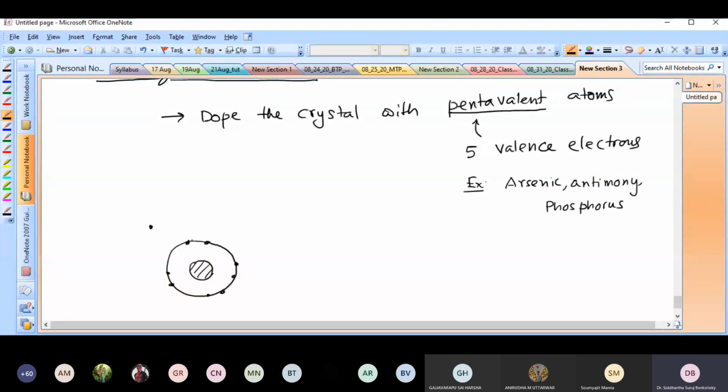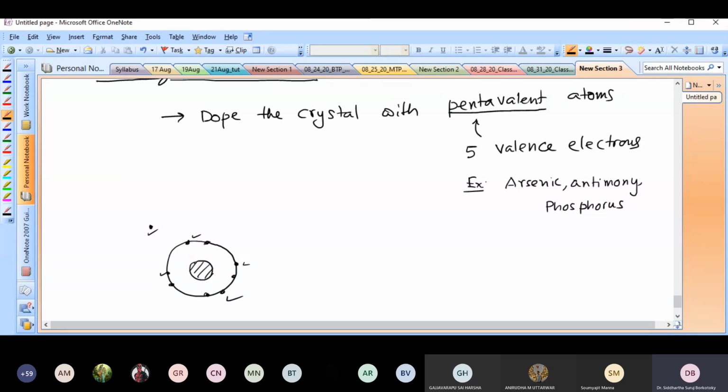Why? Because this original pentavalent atom had 1, 2, 3, 4, and 5 electrons, originally 5 electrons in its outermost orbit.